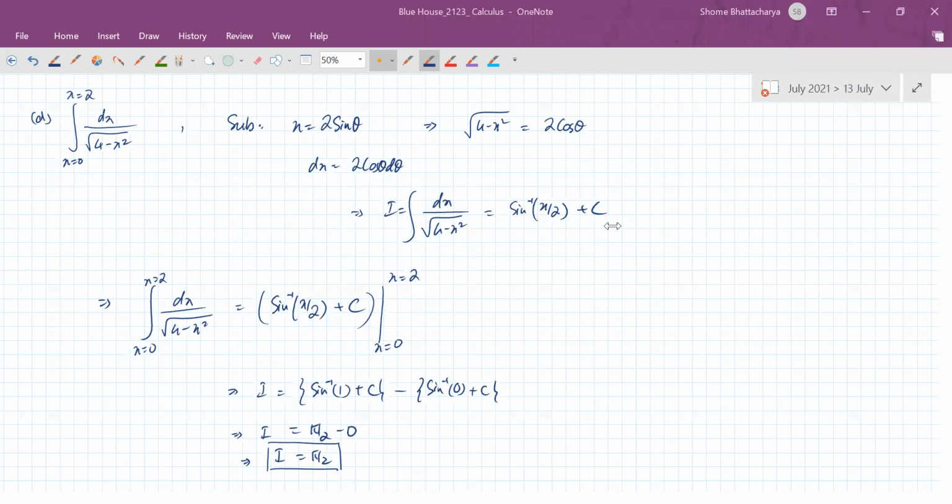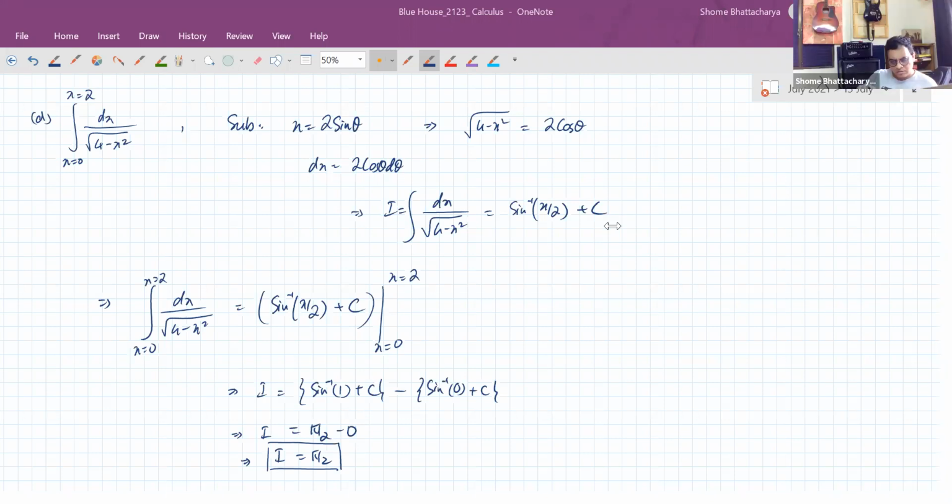Sir, integration of x divided by x square plus a square. Okay, so is this exercise 2, or is it exercise 1? Maybe I'm having some older version of the booklet.